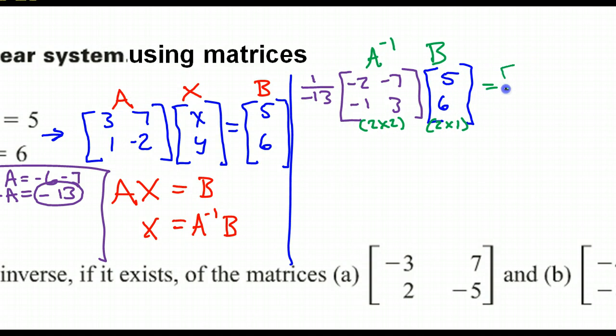So my final answer is going to be in this form: element 1,1 and element 2,1. This will be matrix X, because A inverse times B should equal X. All I have to do is find element 1,1 and element 2,1.